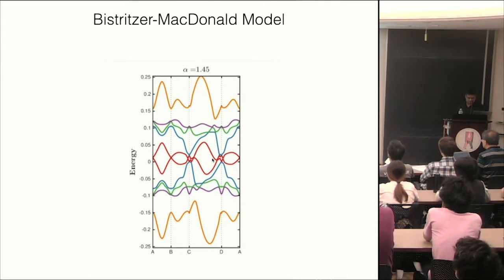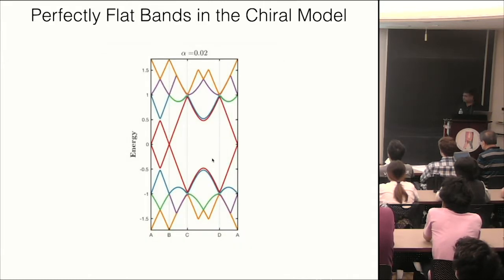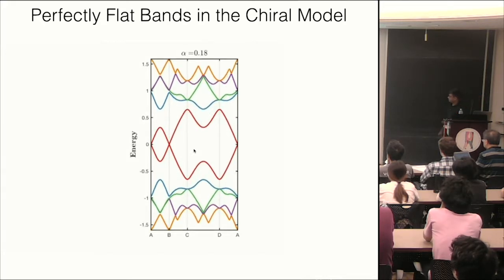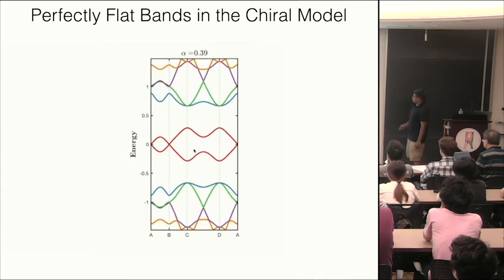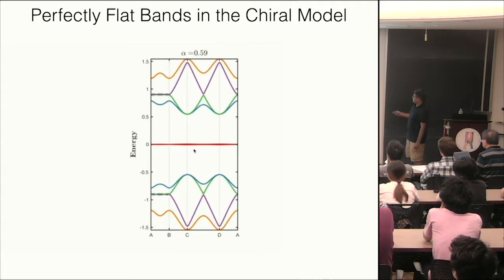Okay, so now let's shift to this chiral model. And again I start with this relatively large angle, and let's run it, lower the twist or raise this alpha, and approach this magic angle. Okay, so here the band is well separated out, and that's the first magic angle.